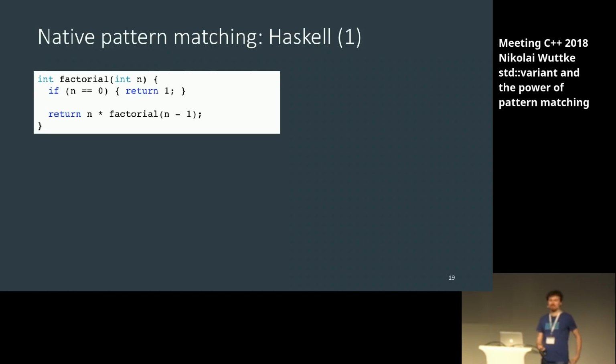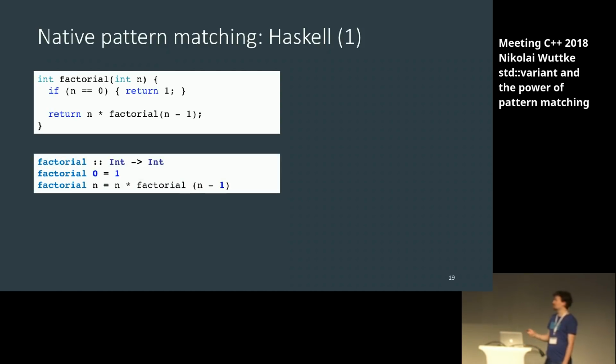If you learn about recursion, you might have come across something like this. In C++, you would write a function and first check, is my value 0? If so, return 1. Otherwise, return my current value times the factorial of the value minus 1. Then recursion does its thing, and you get the right value.